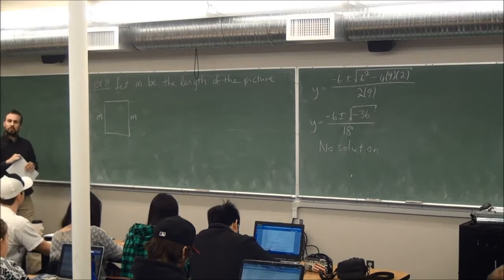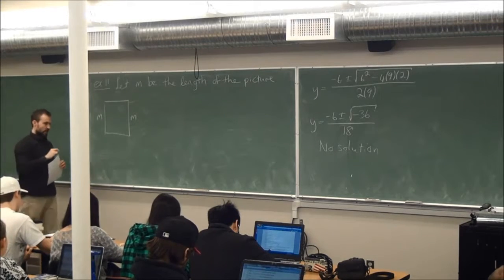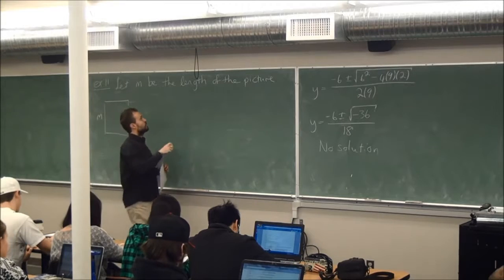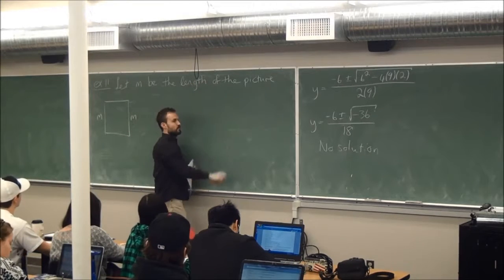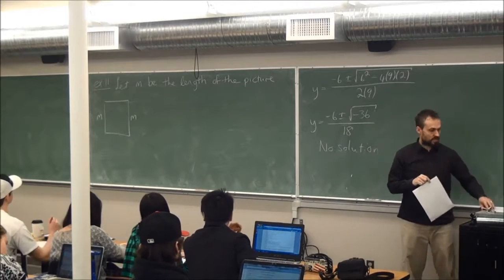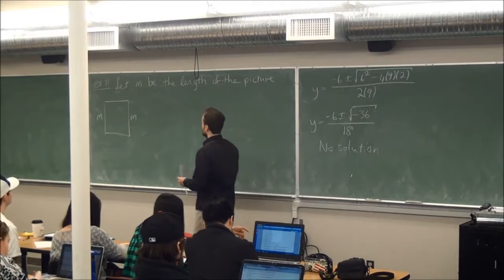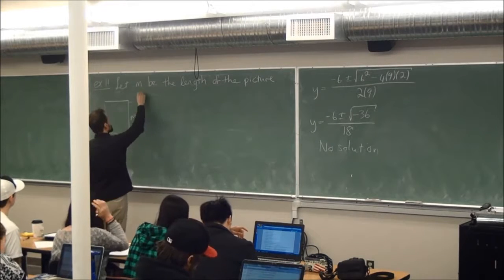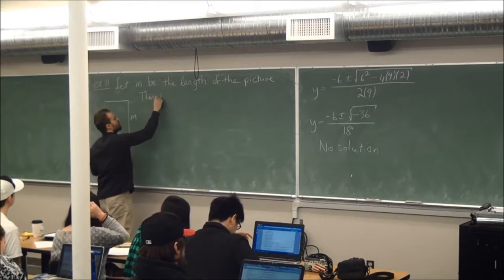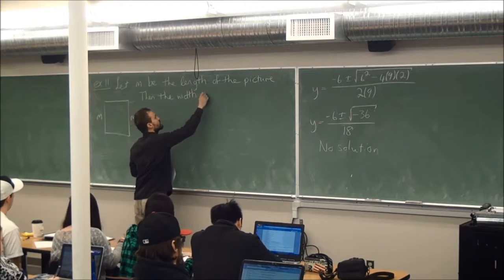Do I need another variable? No. If there's any way I can get away with not defining another variable, I'm going to take it, because the fewer variables I have, the easier things are. But I do need to talk about the width.